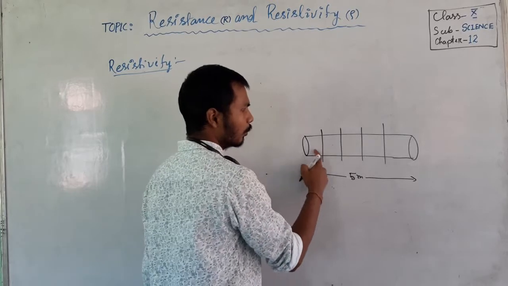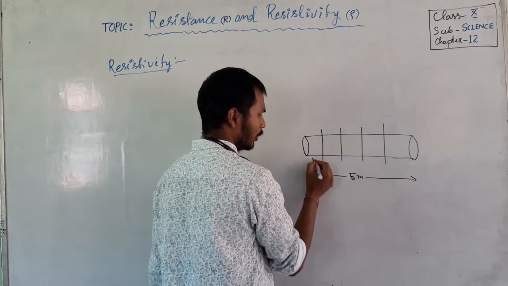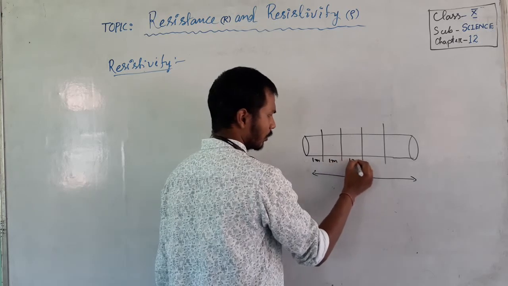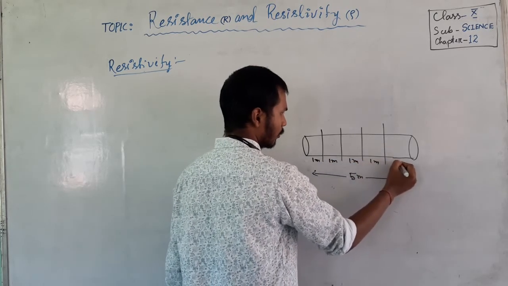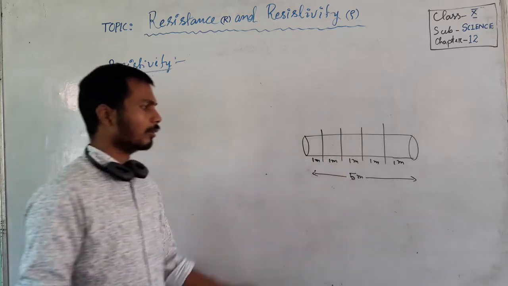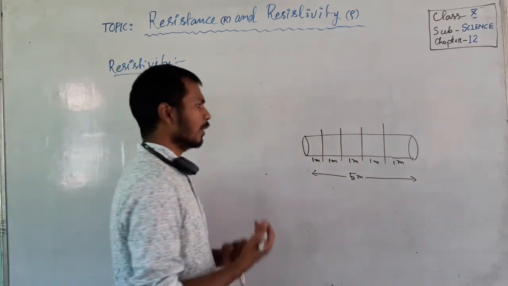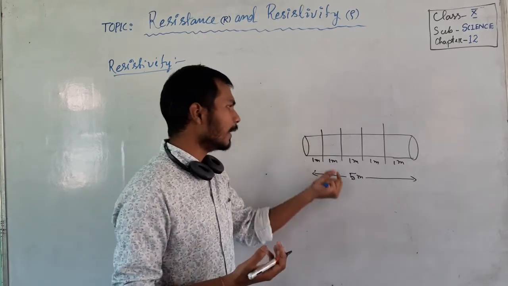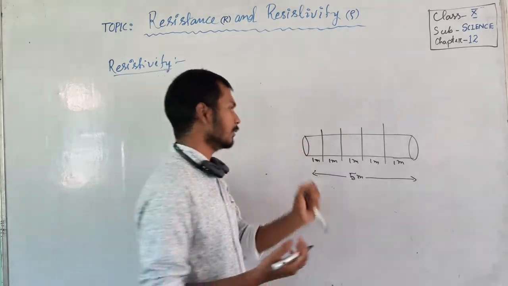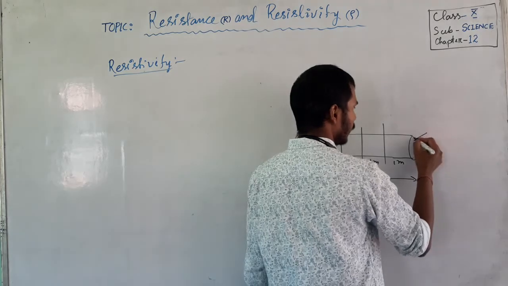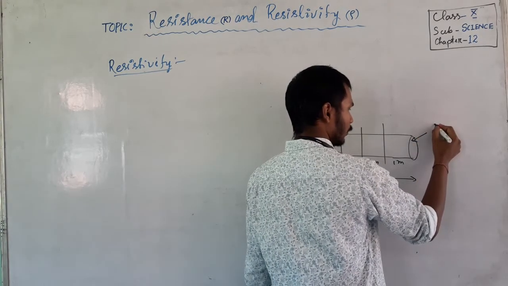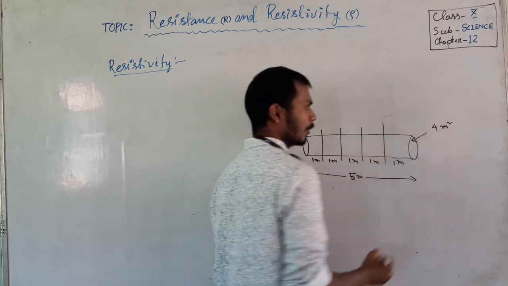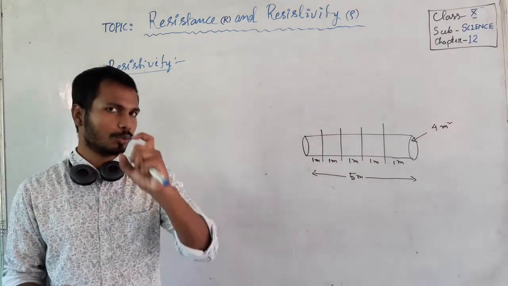Now what is the value of 1 unit? This is equal to 1 meter. Each piece is 1 meter. Combining all, we get 5 meter. Okay. Now you do one thing. You also cut the area into smaller parts. Say for example, if the area is given 4 meter square, now cut the area into 4 equal parts.